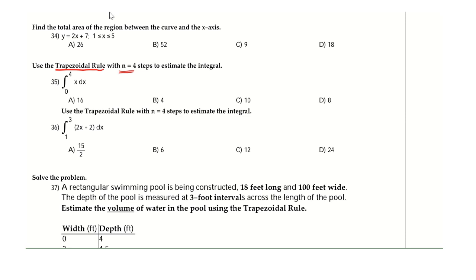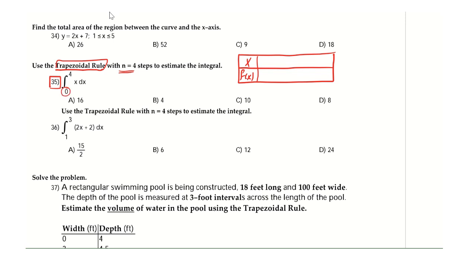If the question is multiple choice, you can use the calculator directly: integral from 0 to 4 for x dx. But if the question is a free response and it asks about the trapezium rule, it means that you are going to construct the table that contains the value of x and the function of x.